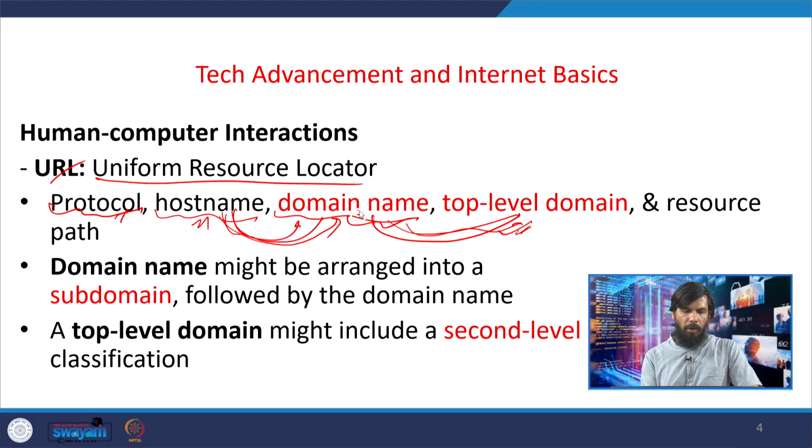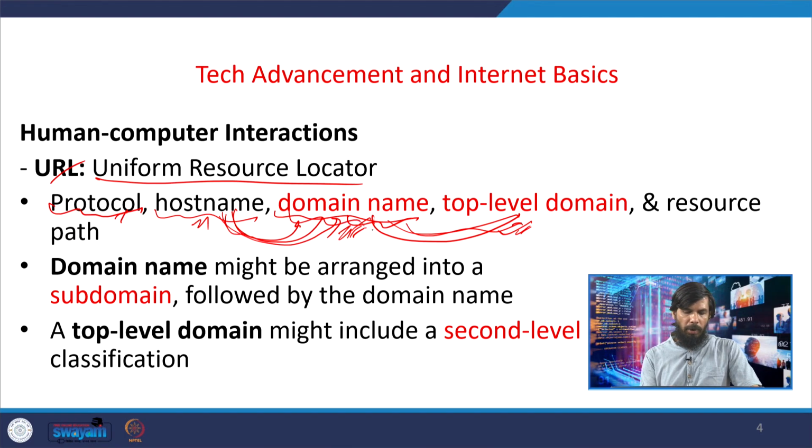So, the domain name will also in a way identify the organization, because organizations run their own network, and their domain name would give away that information in terms of a given domain name belonging to which organization.